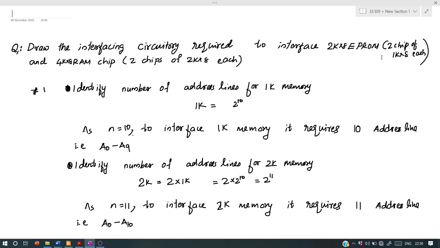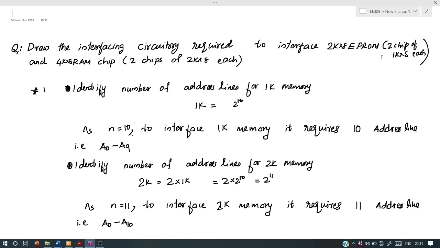So here we need to identify the number of address lines required to interface 1K memory and 2K memory. So first step is to identify the number of address lines for 1K memory. As we know, 1K is equal to 2 raised to 10. We know if we have n address lines, memory capacity is 2 raised to n.